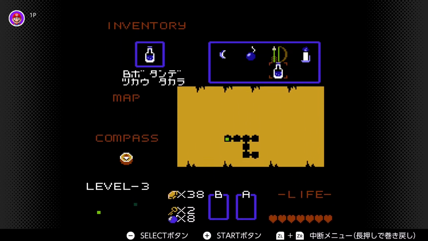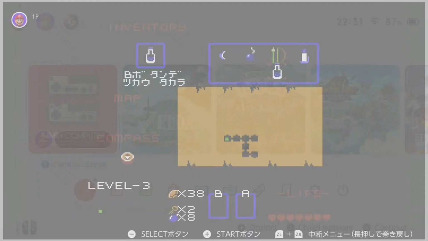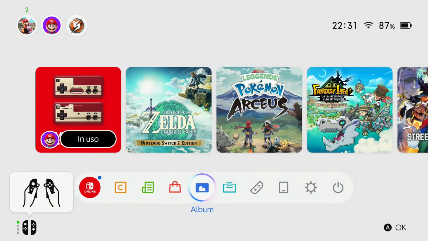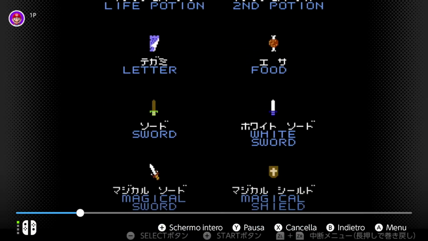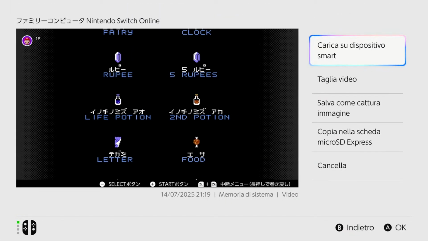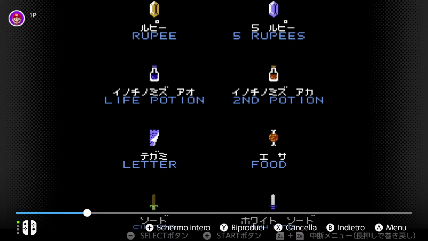Okay, now by using it once it becomes like this. That's why it costed less. So let's check it. Oops. And yes, while the one we have used is a second portion in English, but as we have seen before, it's Inochi no Mizu Aka.